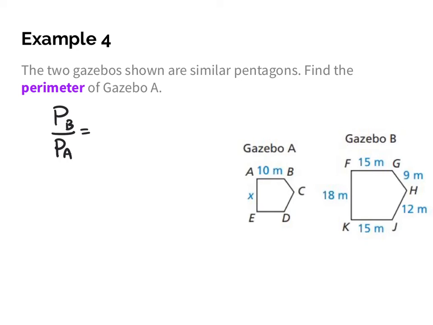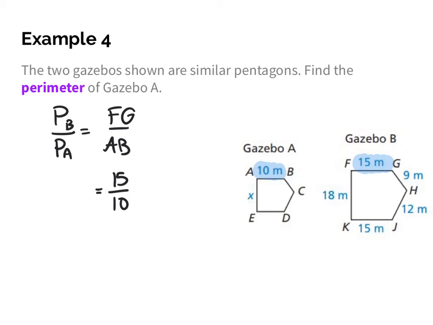Based upon this diagram, I see that AB corresponds to FG. So the ratio of those two perimeters will equal the ratio of those two sides, FG to AB. To solve this, I just plug in the values that I know. I do know that FG is 15. I do know that A to B is 10.